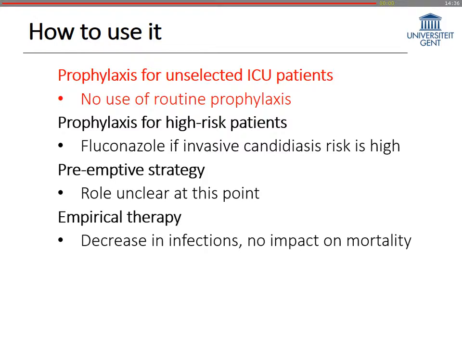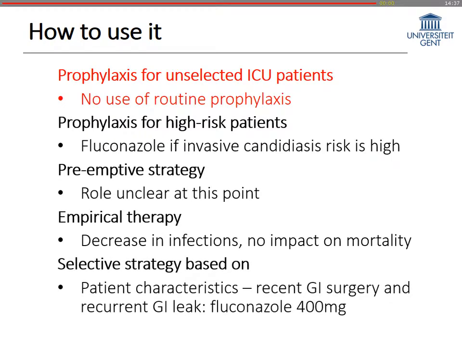Empirical therapy, as studied in the French study, apparently does reduce the incidence of infections, but no effect on mortality at all. So it's questionable whether adding an echinocandin or antifungal treatments will really impact mortality.